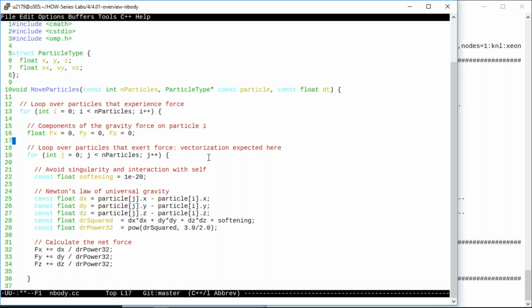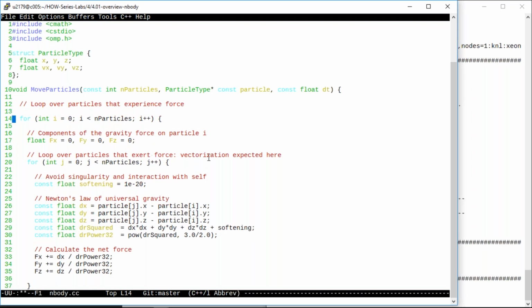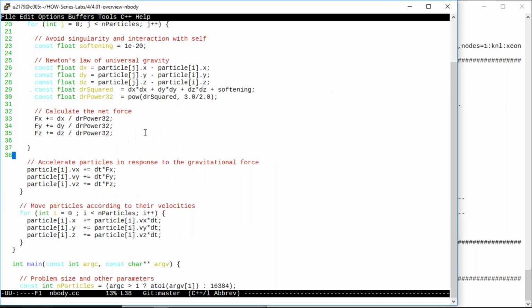We are going to take it back, parallelize the loop in I, pragma OMP parallel for, and let's look out for data races. This is no longer a data race because these variables are all private to every iteration. Correspondingly, they're private to every thread. So there is no data race because we don't have threads writing to the same memory location concurrently.